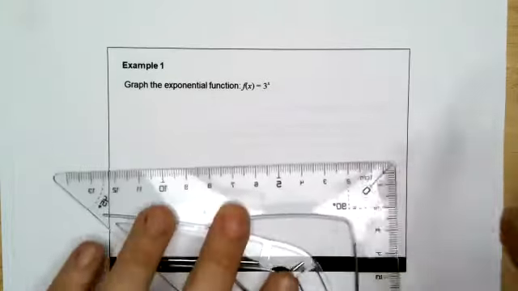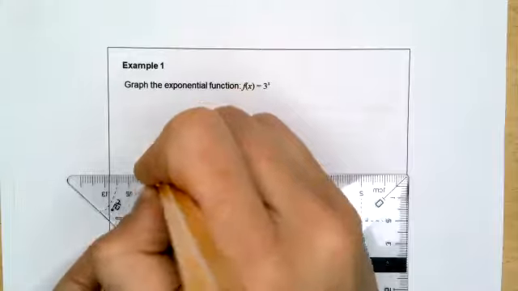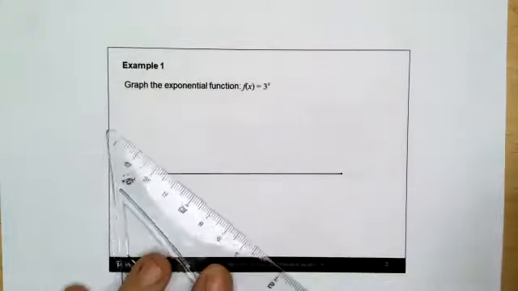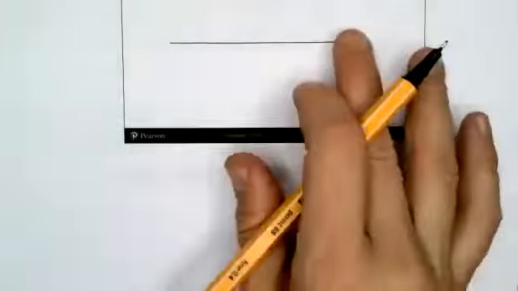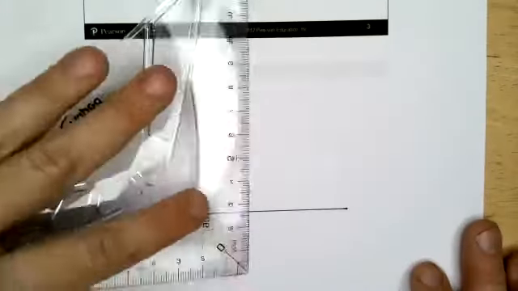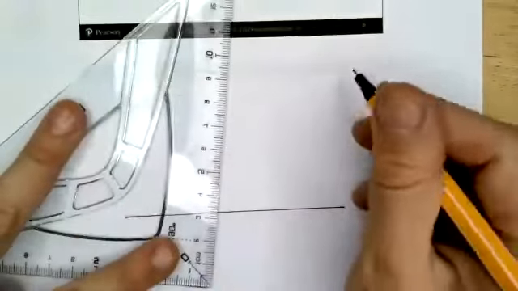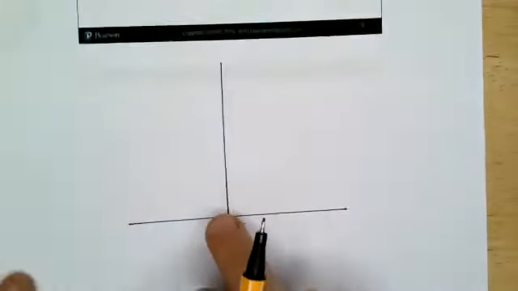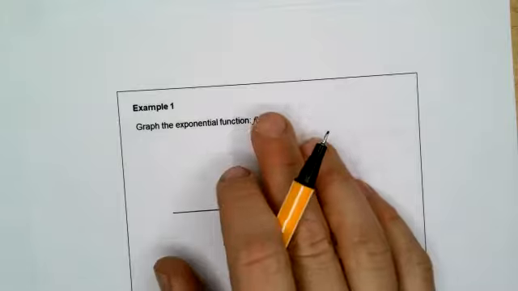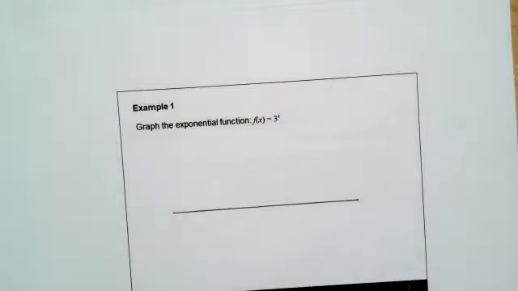So to graph something, we can just create a table of values. Oh, okay, I want to start over because I know it's never going to go below that line, so I'd rather give it a little bit more space above that line. I know it's growing this way because 3 is greater than 1.